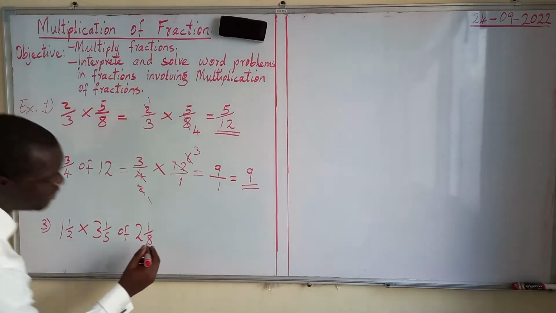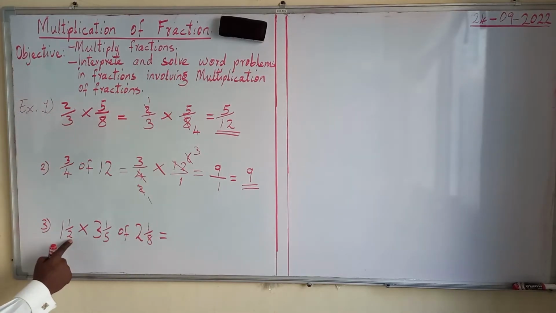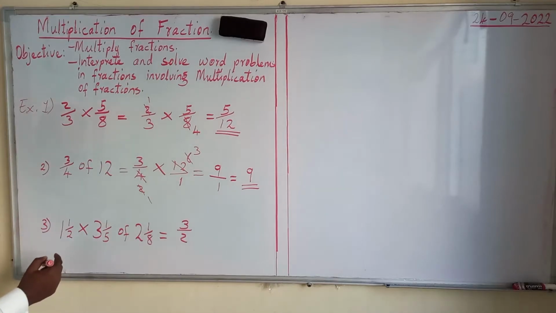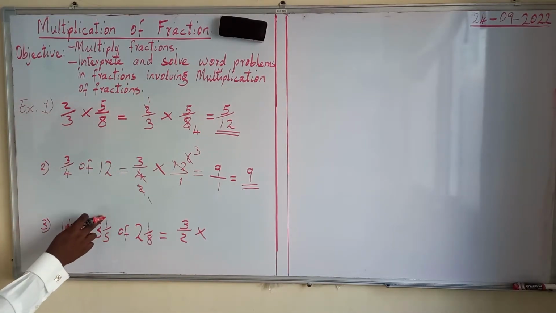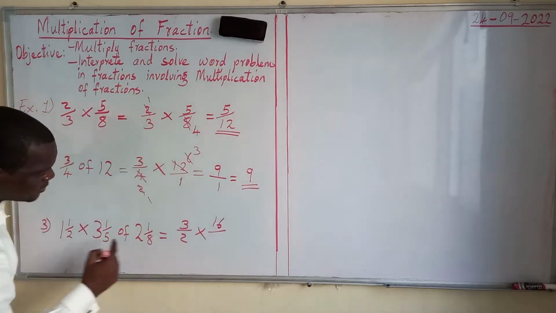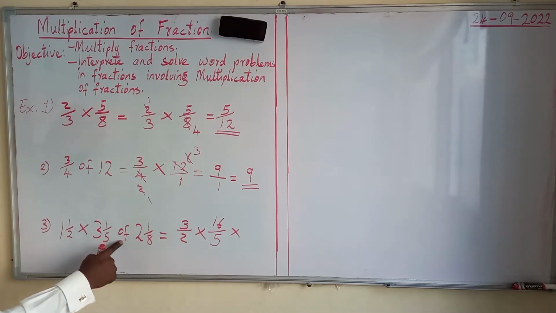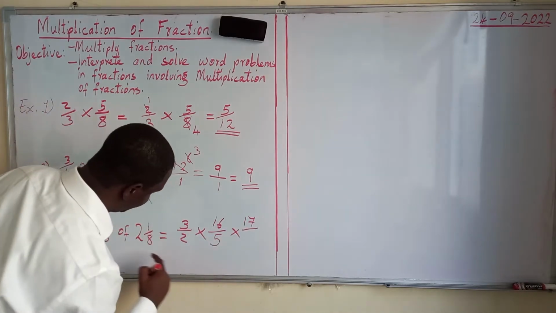So before we simplify, we change all these fractions to improper fractions. 2 times 1 is 2, plus 1 is 3/2. You bring this multiplication here. 5 times 3 is 15, plus 1 is 16. You express over 5, and we've said "of" should be changed to multiplication. 8 times 2 is 16, plus 1 is 17.